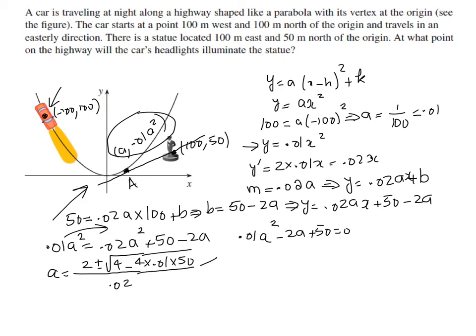If I solve this one, I get two values for a, either going by the positive here or negative. If I go with positive, I get 170.7 for a. If I go negative, I get 29.3.